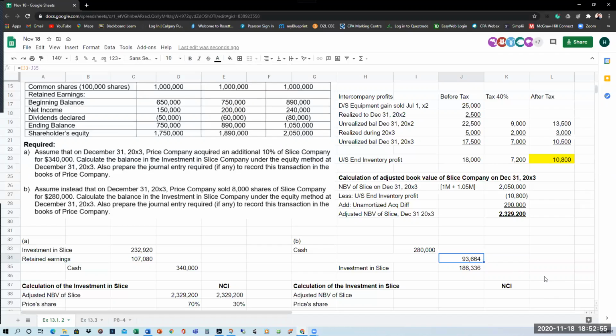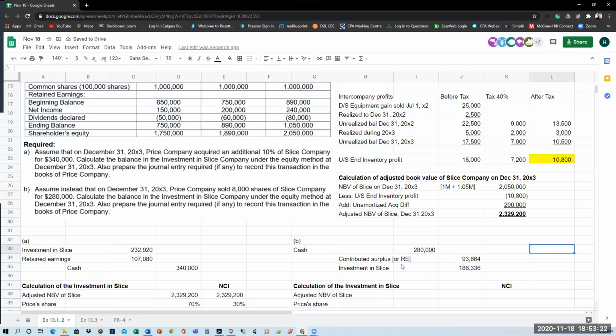And if you ask yourself, what do I credit here? It is along the lines of a gain on sale. But again, these transactions are considered transactions with shareholders. So we are not supposed to record a gain. So as Feroz says, we want to credit contributed surplus.